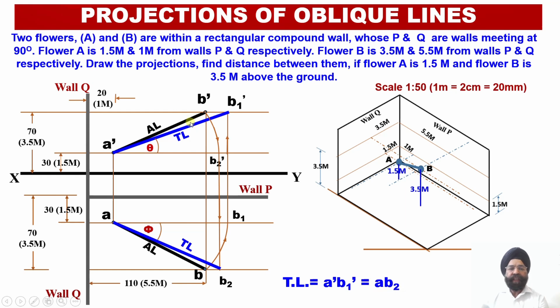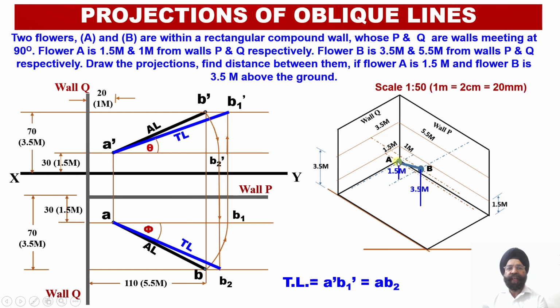If these two blue lines, A dash B1 dash and AB2, work out to be the same, it means that we have been successful in evaluating the true distance between point A and point B in the space.